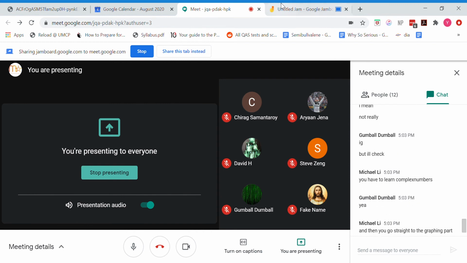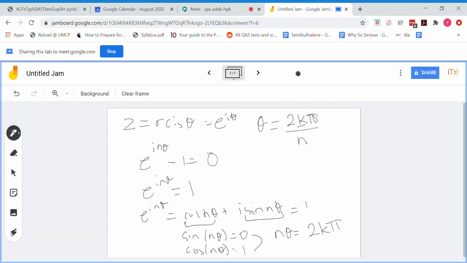Okay, so now this equation is subject to the fact that you can't go over 360 degrees. Otherwise, you're considering the same angle over and over again. So basically, the solutions are going to be 2 pi over n, 4 pi over n, 6 pi over n, all the way up to the largest value of k.